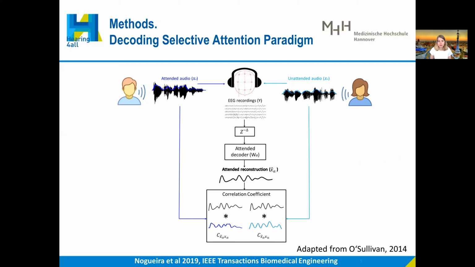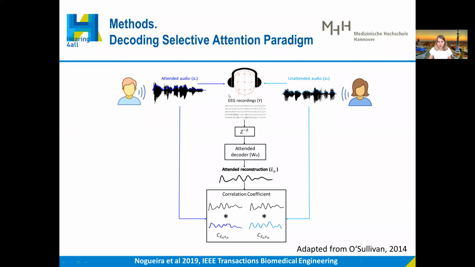So here is the main paradigm of decoding selective attention. Two audio streams are presented. One is narrated by a male speaker and another by a female speaker, one to each ear. The person is asked to attend to one of the two streams, and at the same time continuous EEG is recorded. After this, EEG recordings and the original attended and unattended signals are processed, and envelopes of the audio signals are extracted.